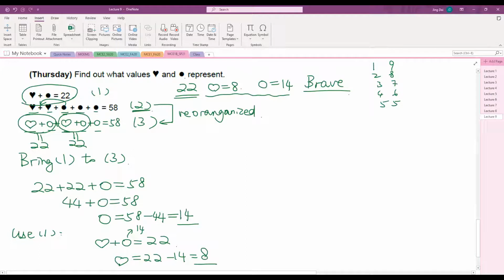Look how easy it is without guessing, okay? Guessing is really hard with a big number. Let me give you an extra example. A heart and a circle, if it's like 101, how are you going to make all these pairs? There could be so many, 50 different pairs that can give you this, right?